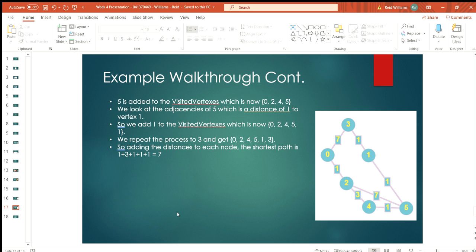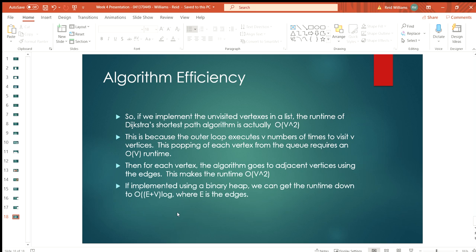And finally, I just want to talk quickly about the algorithm efficiency of this setup. If we implement the unvisited vertexes in a list, kind of like I did, the runtime of this algorithm is actually big O V squared. This is because the outer loop executes V number of times to visit the vertexes.